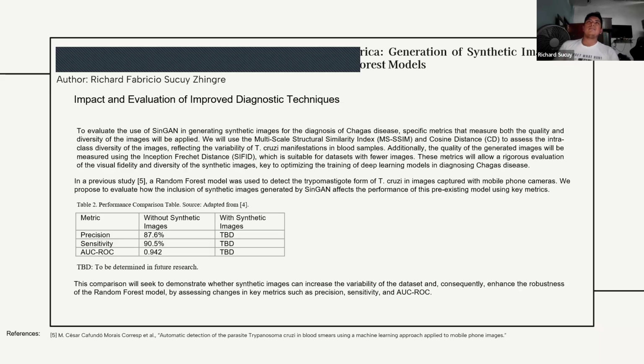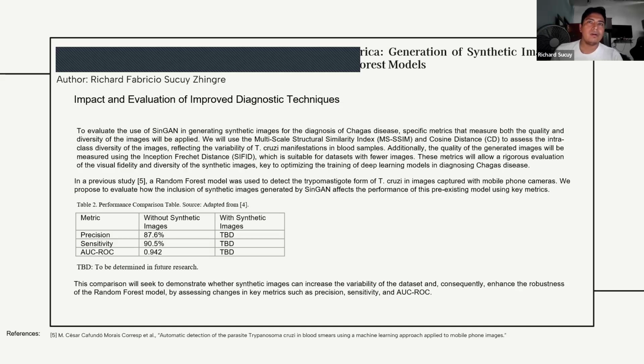It's important because the dataset that I have at this moment has few images. I don't have a full dataset with images of Trypanosoma cruzi.